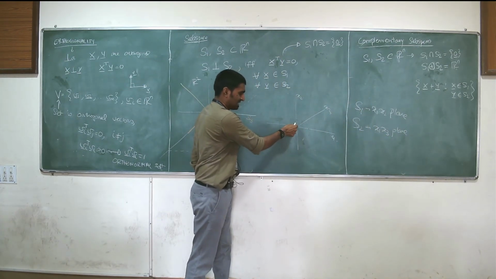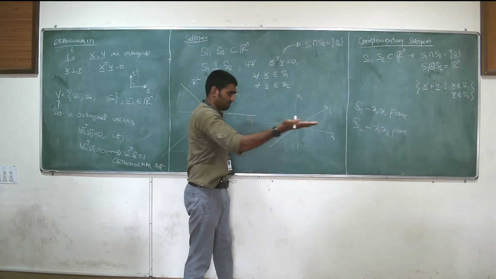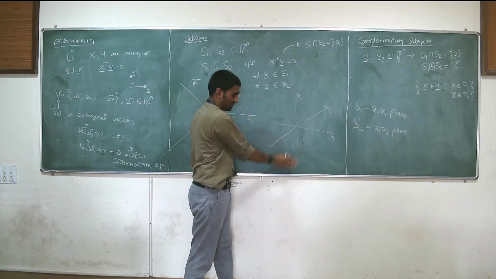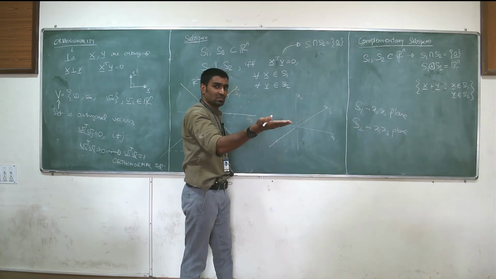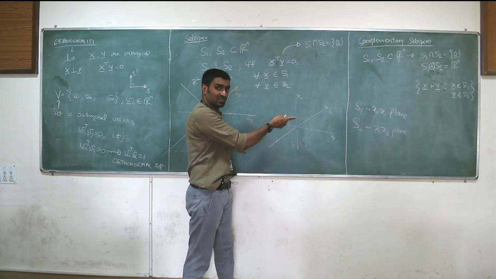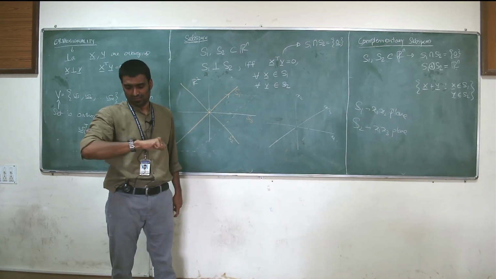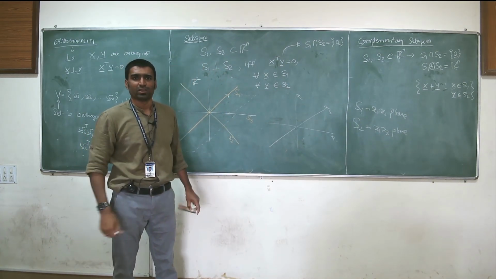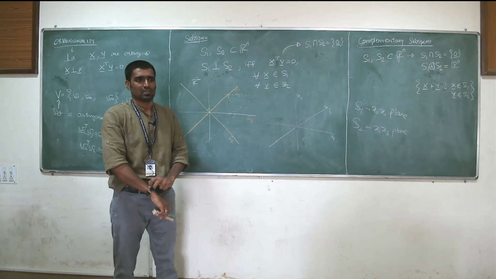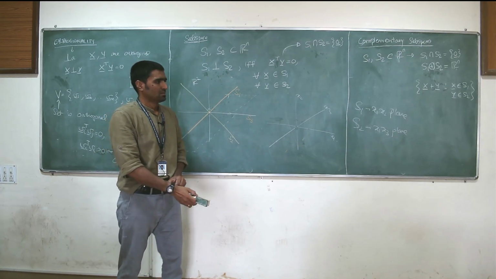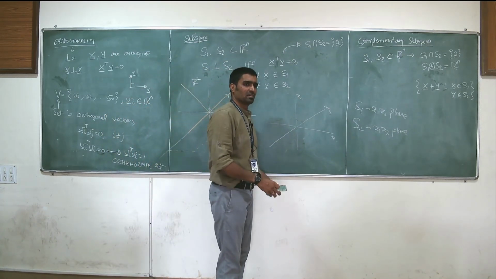It means X3 is this line, so that's this plane. So S1 is this, S2 is this. These two are subspaces of R3. Now the question is, do they form complementary subspaces? What do you think? Okay, why?